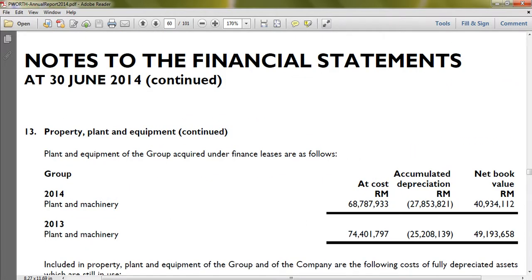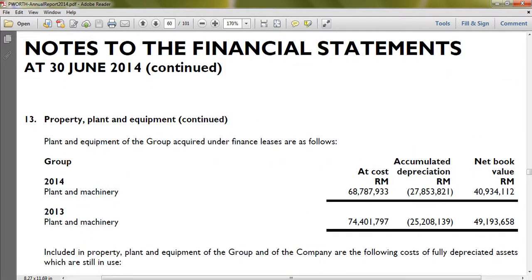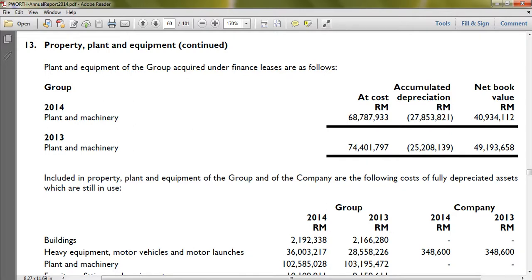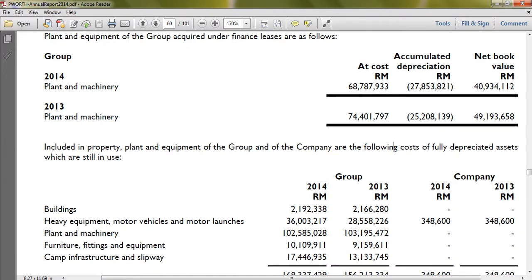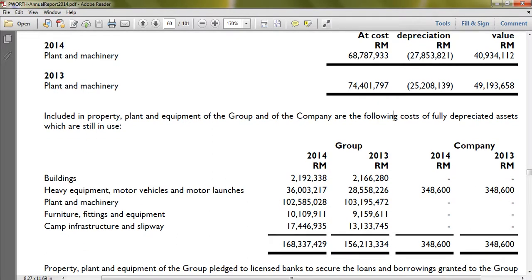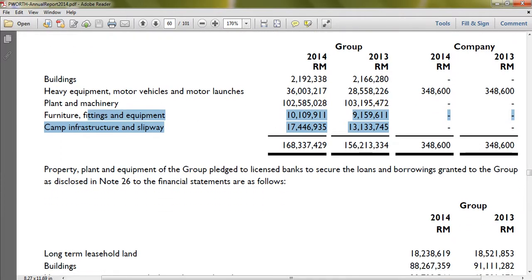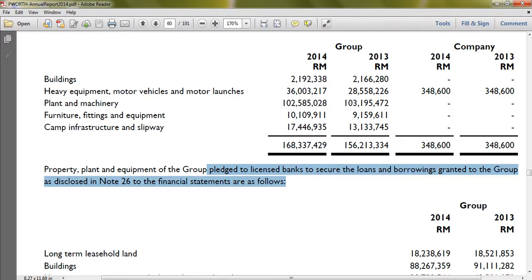So that's why there's a revaluation that happens. Accumulated depreciation. It's quite complicated actually, this one. This one you need to take notes on.